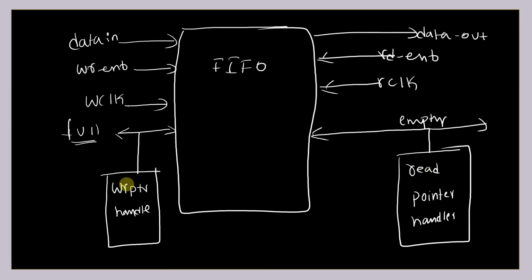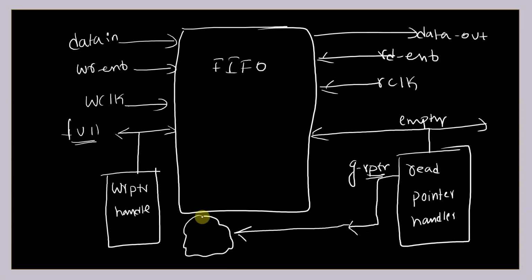Now, the write pointer handler is already going to have the information of the write pointer. So for calculating the full condition, it needs read pointer information, which is given by your read pointer handler, converted into gray format, g_read_pointer, and passed via a 2-flip-flop synchronizer, and given to this write pointer handler.